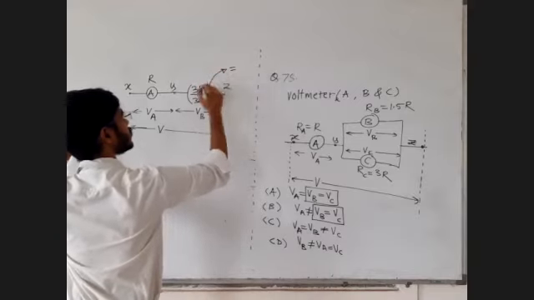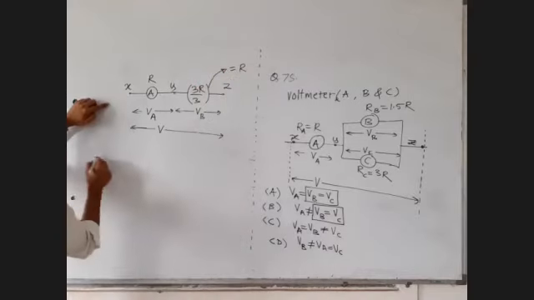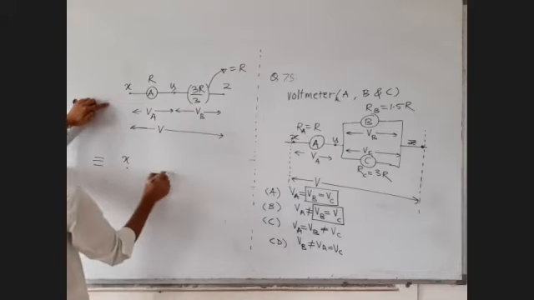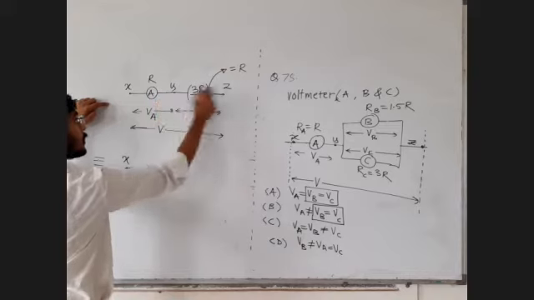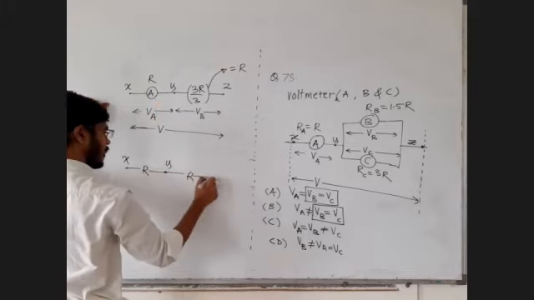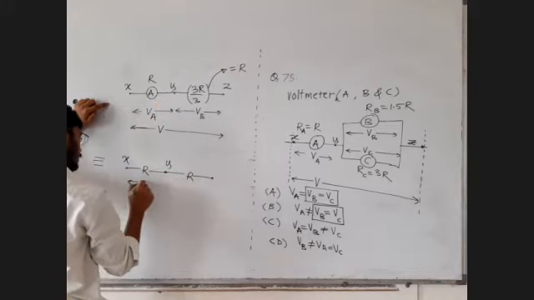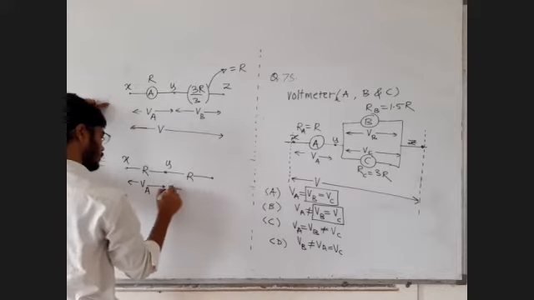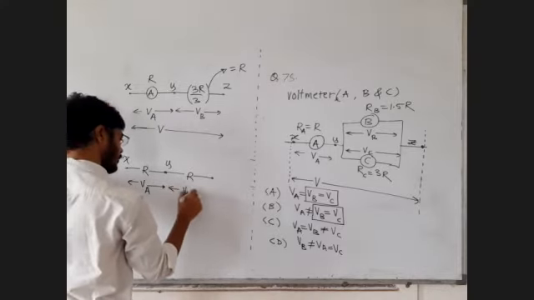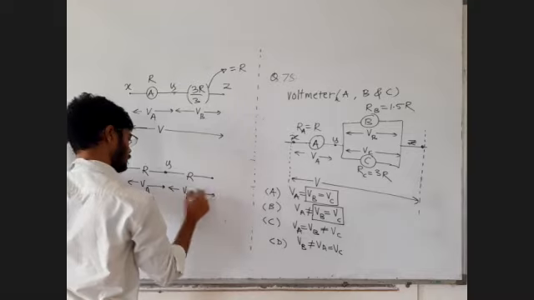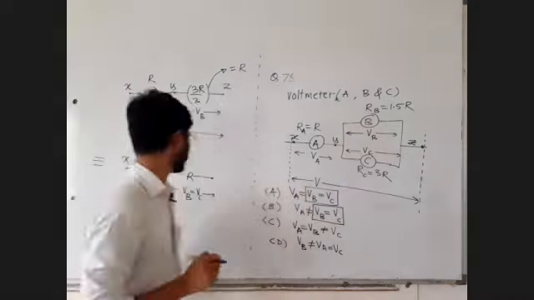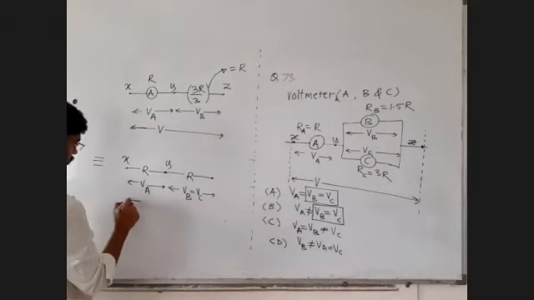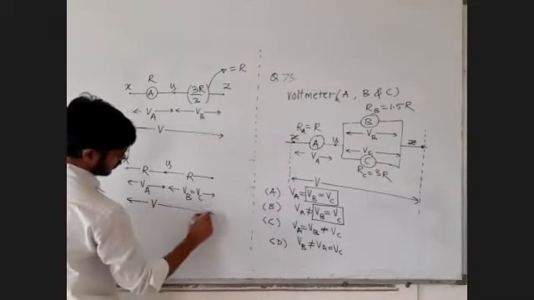This value is equal to R. Effectively, between point X and Y, you have the resistance R. Between point Y and Z, effectively again you have resistance R. This is the reading of voltmeter A. This is the reading of voltmeter B, which is also equal to reading of voltmeter C. B and C both will read same, and this is total voltage V.